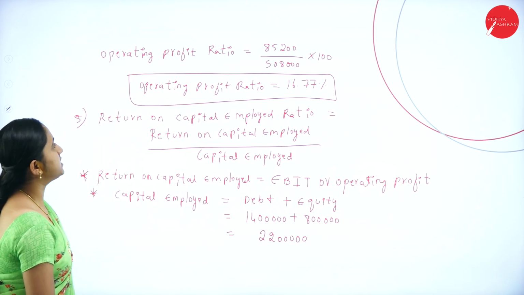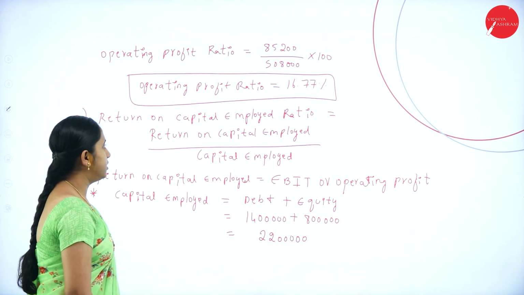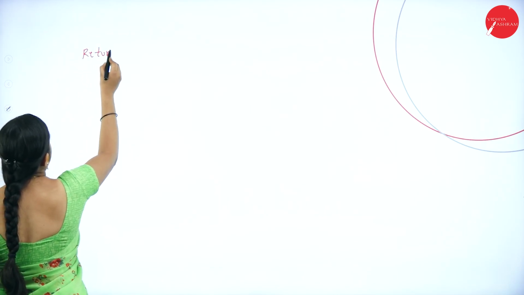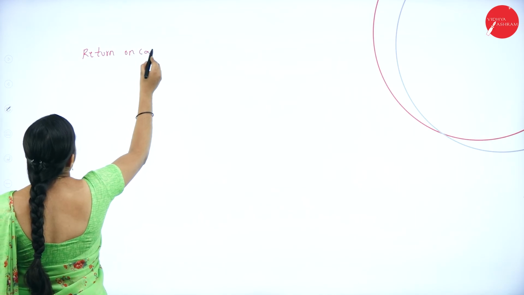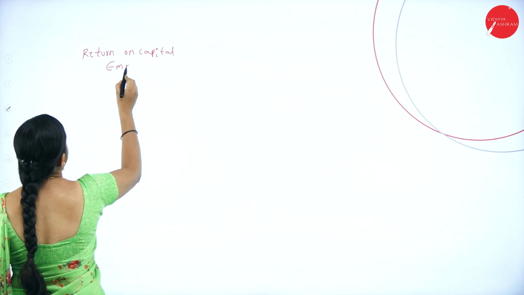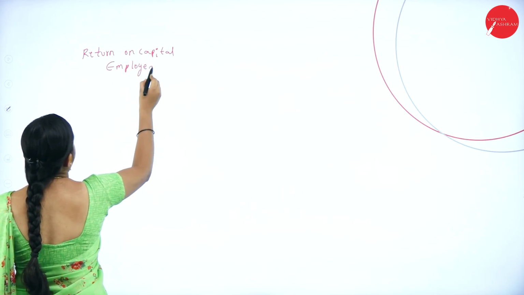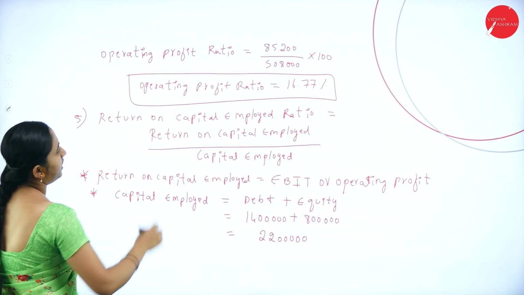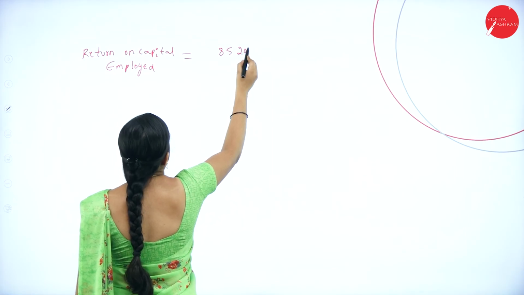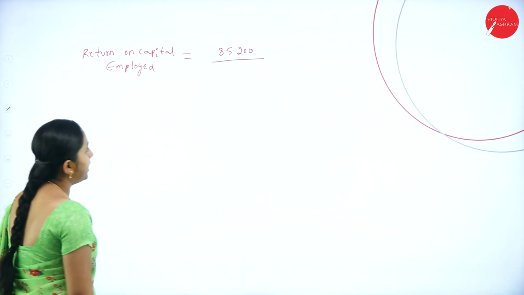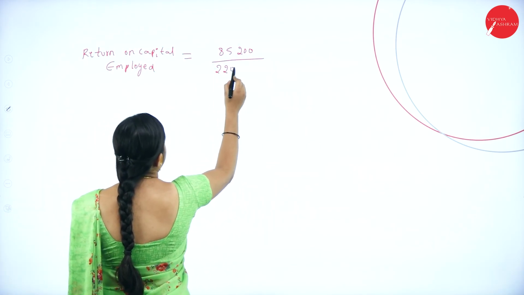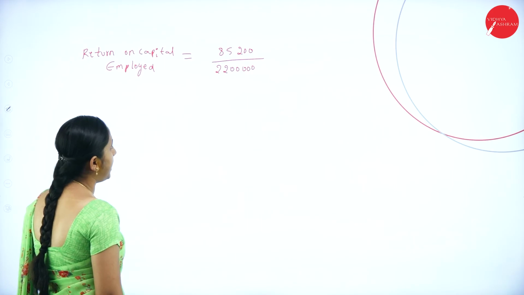Return on capital employed is 85,200 divided by capital employed 22 lakh into 100.